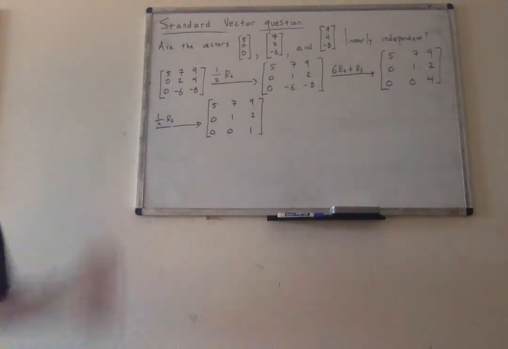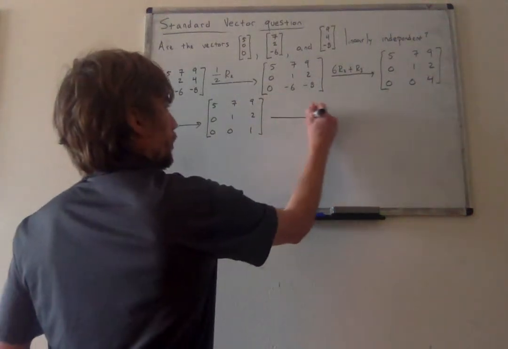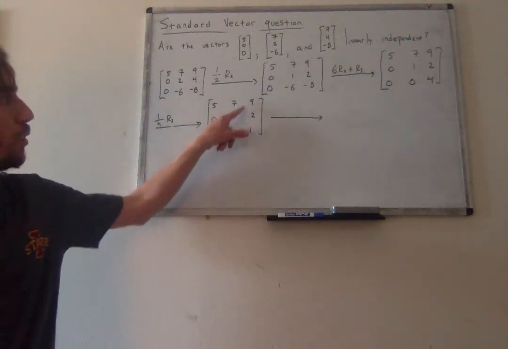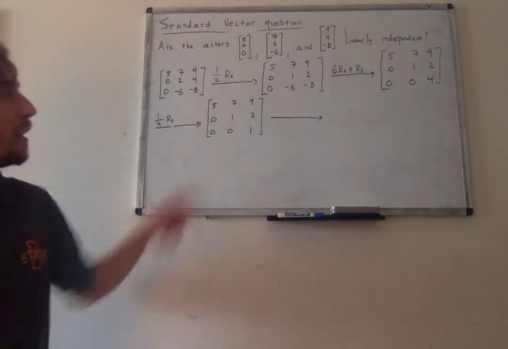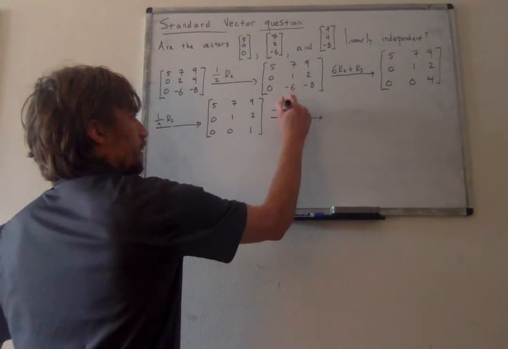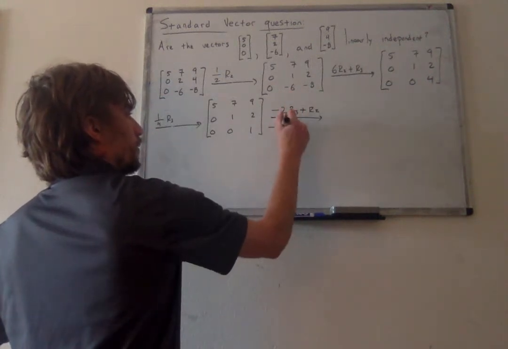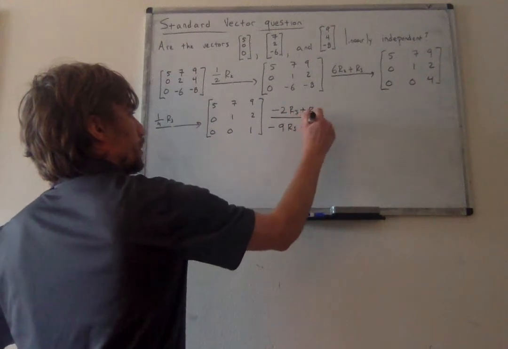And now we want to just start working our way back up. I'll do this a little quicker since at this point it's not horrible. We're just going to use this leading one here to eliminate the 9 and the 2, so that'll be -2 row 3 plus row 2, and -9 row 3 plus row 1.